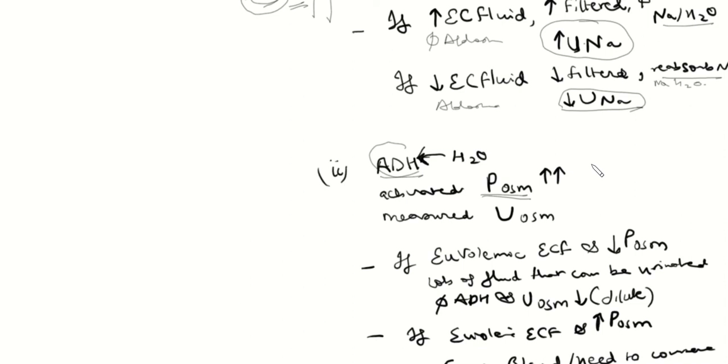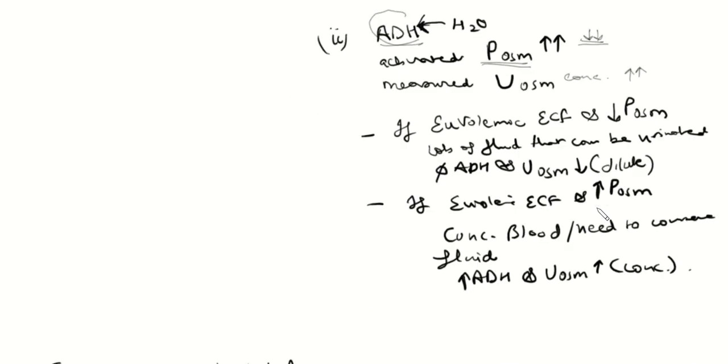The goal is for the concentration of the blood, or the plasma osmolarity, to go down. It does it by reabsorbing water, and so the urine is more concentrated and urine osmolarity goes high.